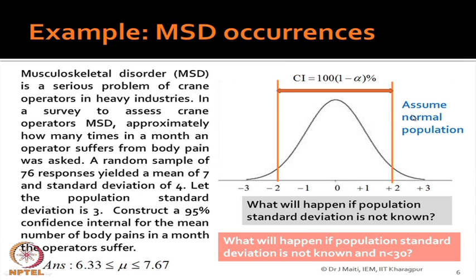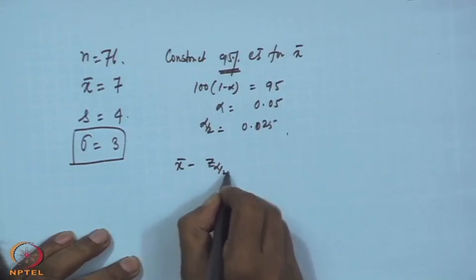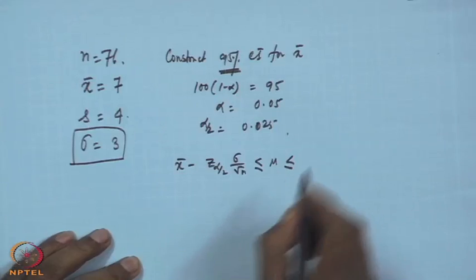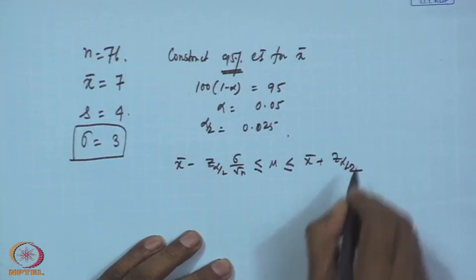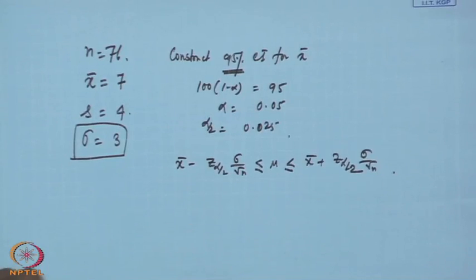Then what will we use? We will use the z distribution, and accordingly our interval will be x bar minus z alpha by 2 sigma by root n less than equal to mu less than equal to x bar plus z alpha by 2 sigma by root n. All values are known to you.